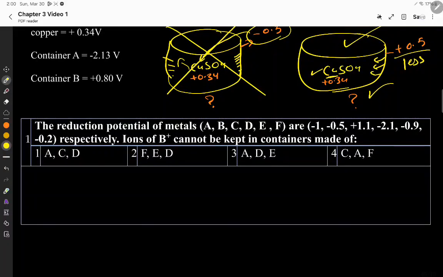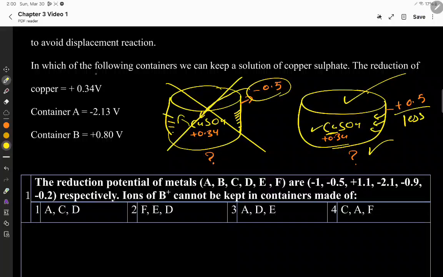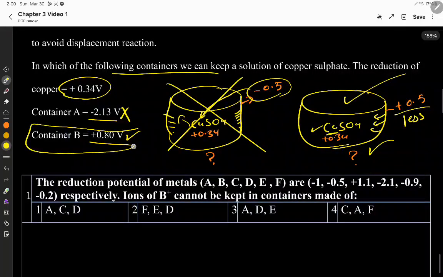This question asks in which of the following containers we can keep a solution of copper sulfate. This one is negative 2.13 and this is positive 0.80. This is more reactive, so we cannot keep the solution in this container, but we can keep the solution of copper in this container because it is less reactive. It will not displace copper.